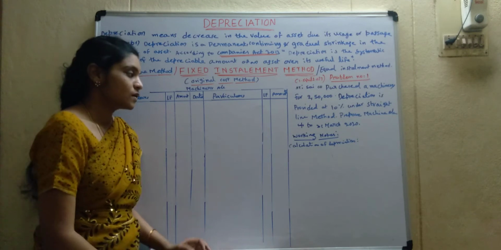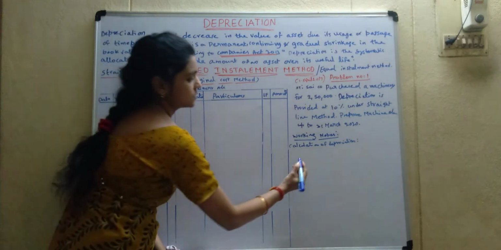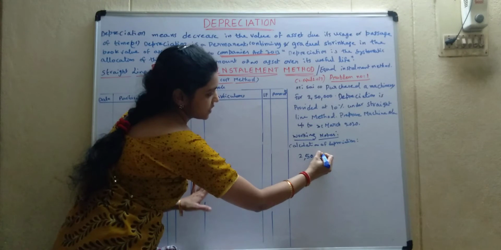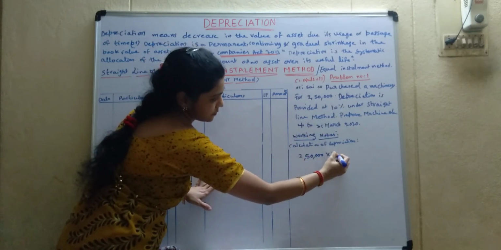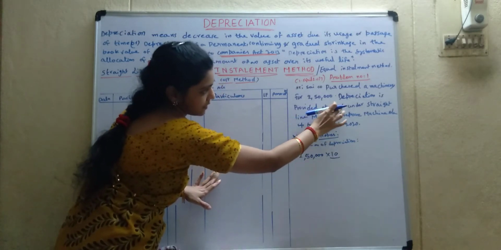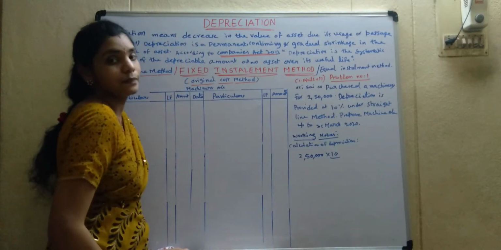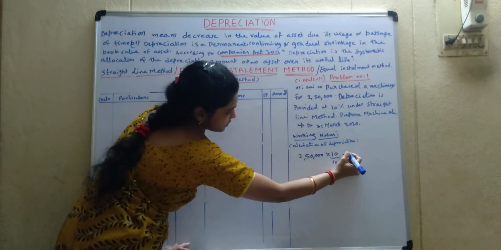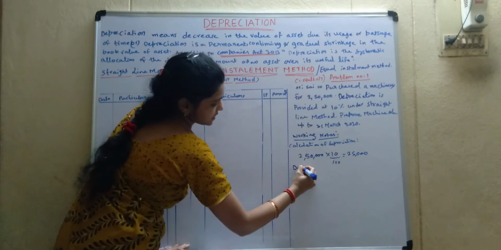How do we calculate depreciation? The value of the asset is 2,50,000 into the rate, 10 by 100. They directly give you the depreciation rate. So depreciation is equal to 25,000.